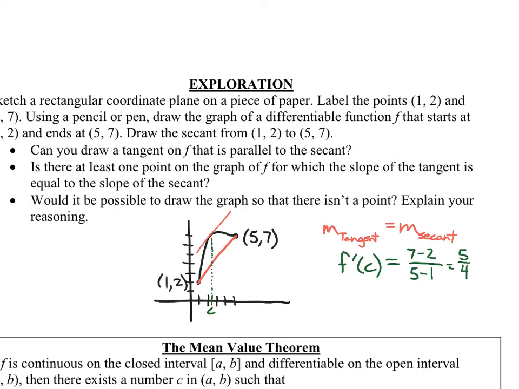The slope of the secant line is the average rate of change of f on the interval from 1 to 5.